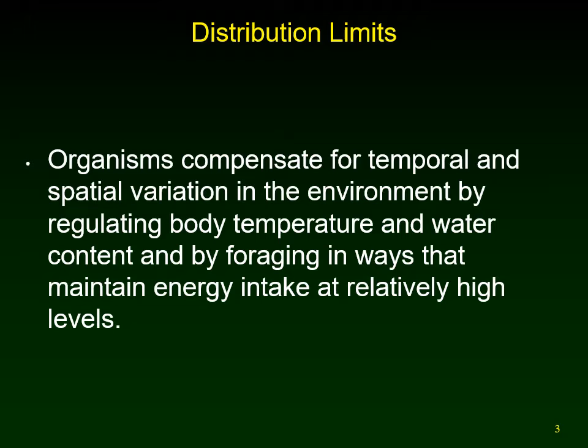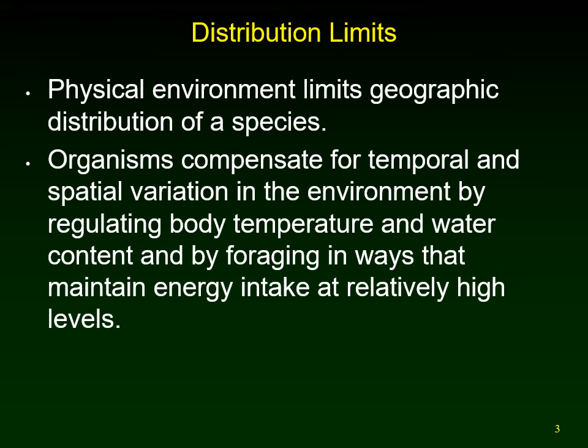But we can only compensate for so much. And so being unable to compensate for environmental factors in certain areas may limit our distribution to that area. So the physical environment will limit the geographic distribution of the species.